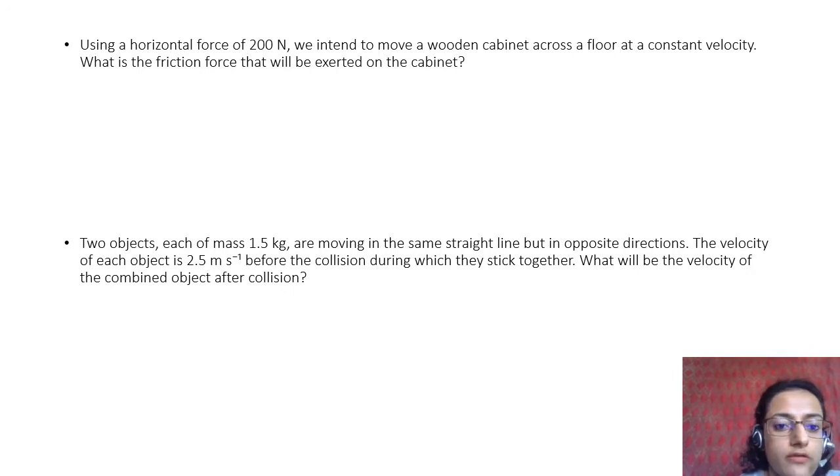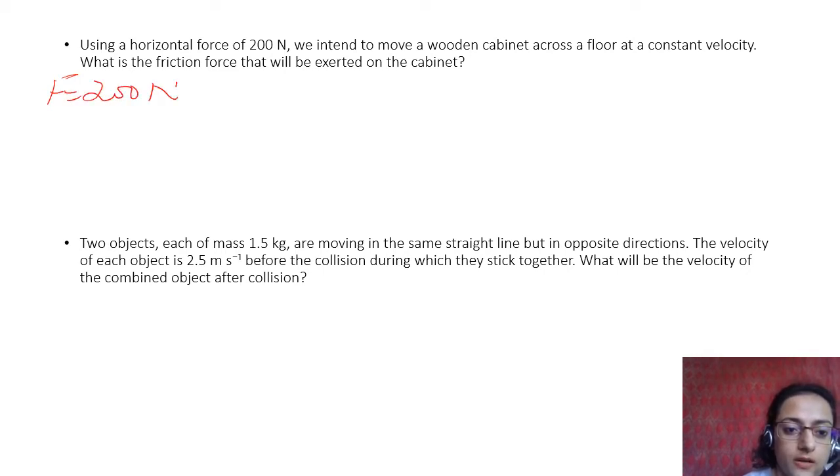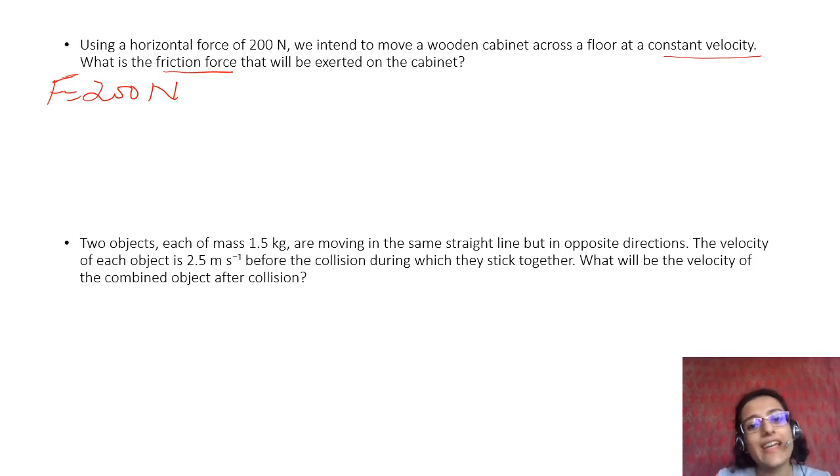Using a horizontal force of 200 Newton, so force is already given, 200 Newton, we intend to move a wooden cabinet across a floor at constant velocity. What is the frictional force that will be exerted on the cabinet? Now there is nothing else given.